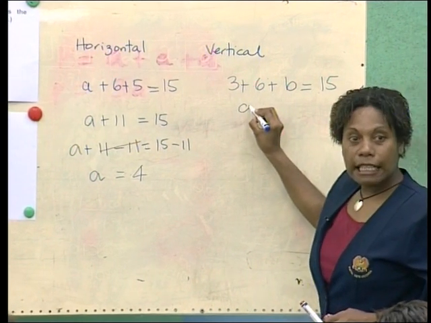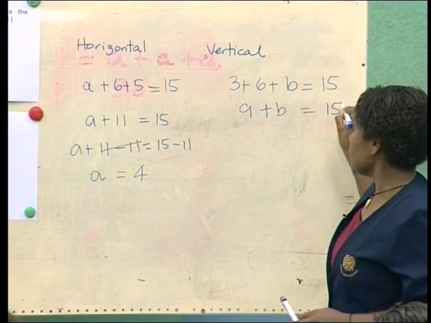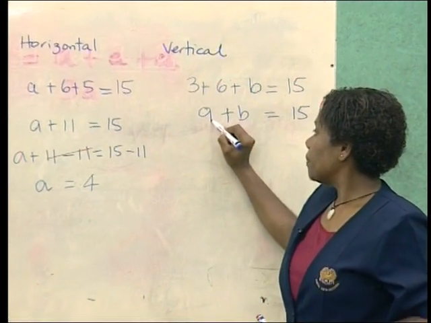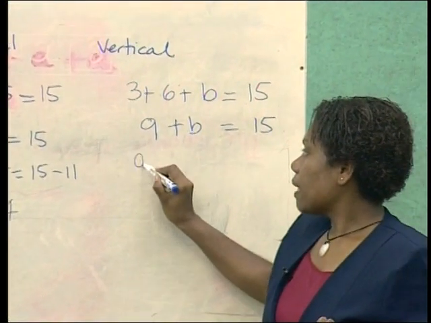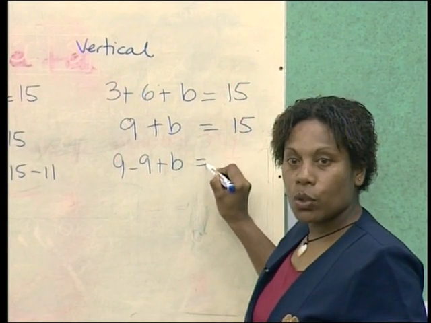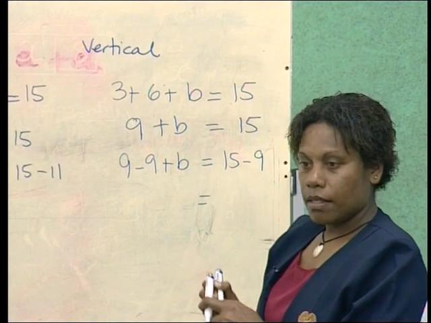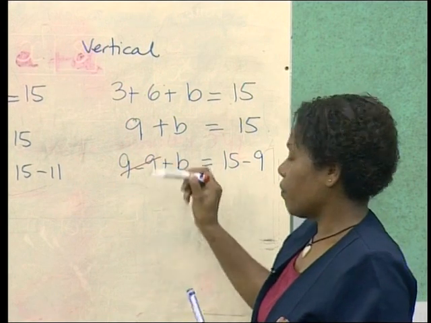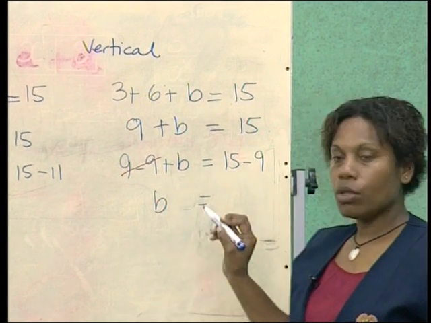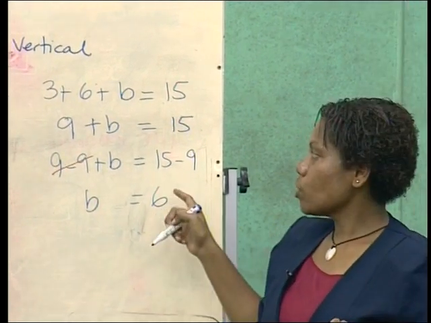Collect the like terms. 9 plus B is equal to 15. 9 minus 9 plus B is equal to 15 minus 9. Cross off the 9. B is equal to 6. Okay, 7As and receiving students, I hope you got that.